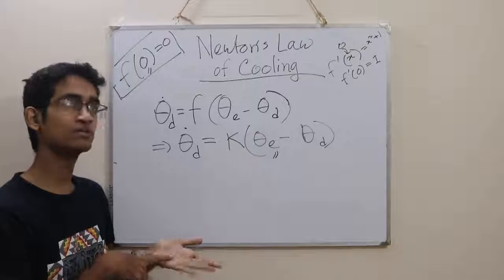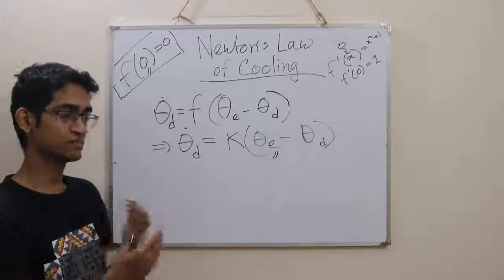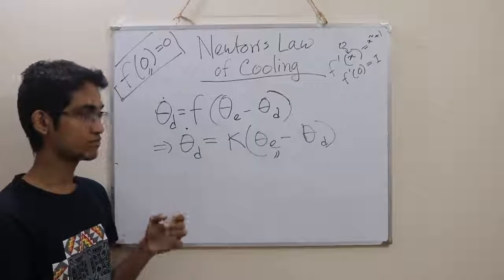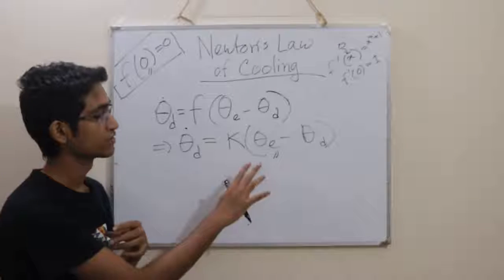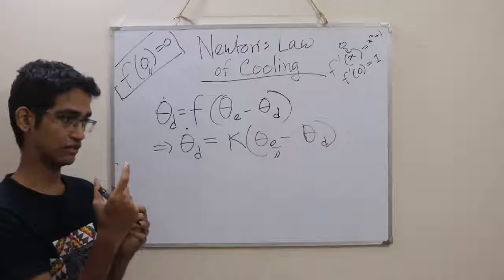So we won't be able to get an approximate representation of this function, because this function will keep going away and away from us. So it will only work when the temperature difference is very small.